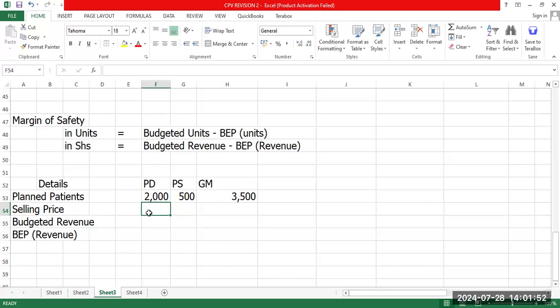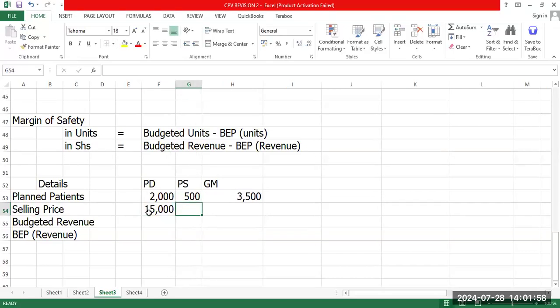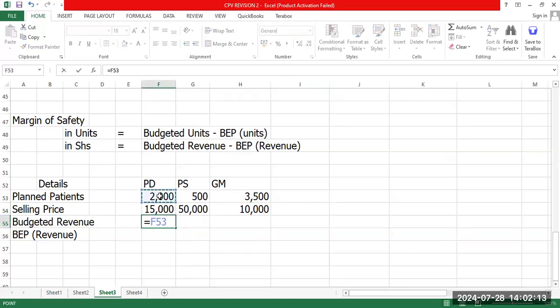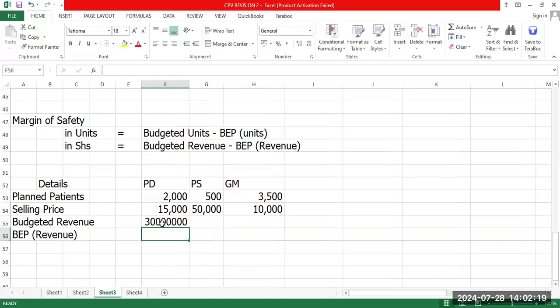We calculated that originally. Was it 15? 15,000. Then here it was what? 50? Is that the figure? Yes, it's the one. Okay, then budgeted revenue we multiply. We get this figure. We multiply by this figure.